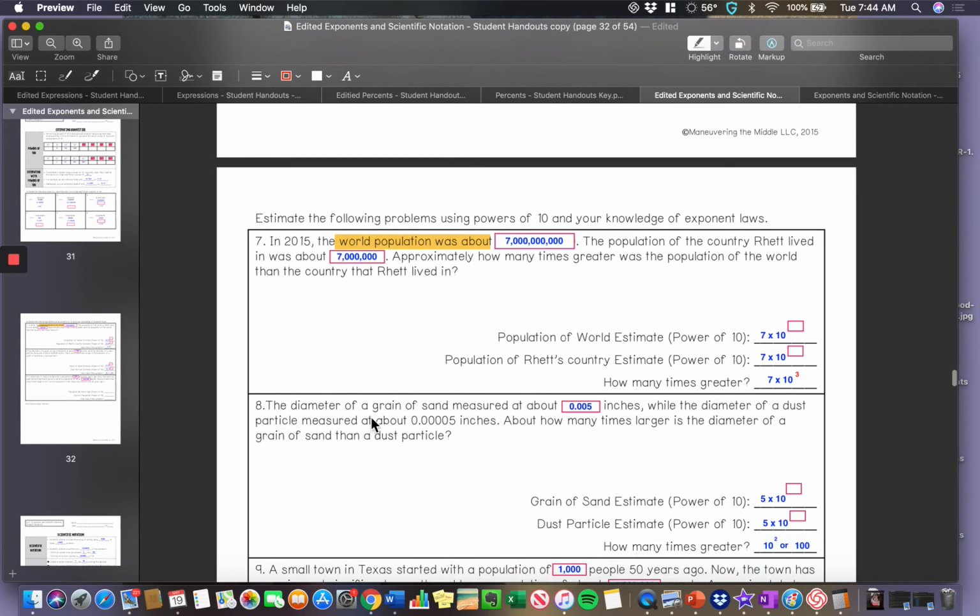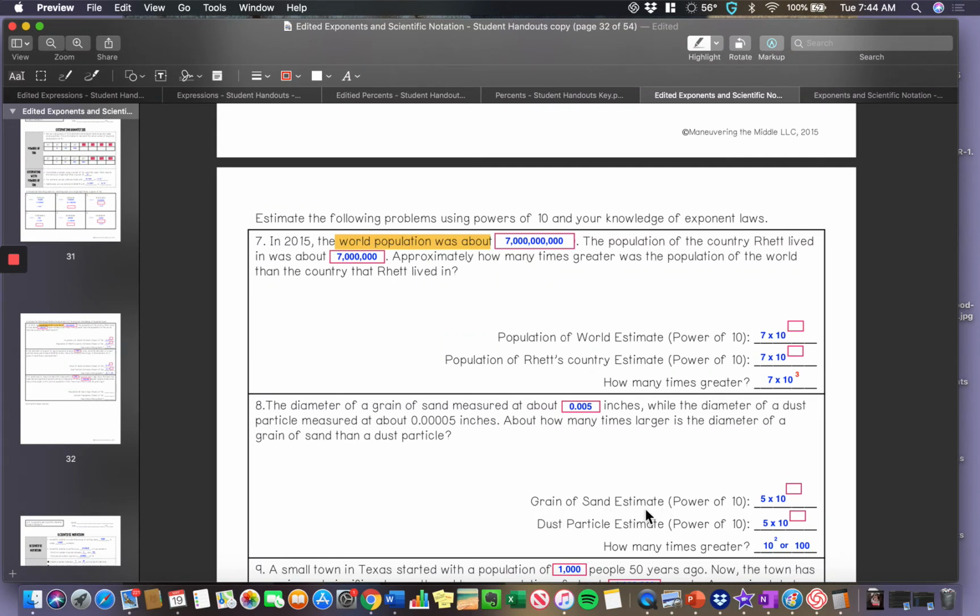Now it says, for number 8, the diameter of a grain of sand measured about 5 thousandths inches, or 0.005, while the diameter of a dust particle measured about 0.00005 inches. About how many times larger is the diameter of a grain of sand than a dust particle?